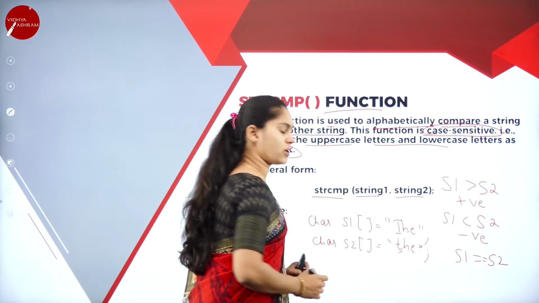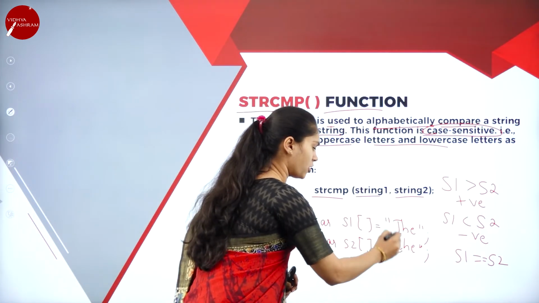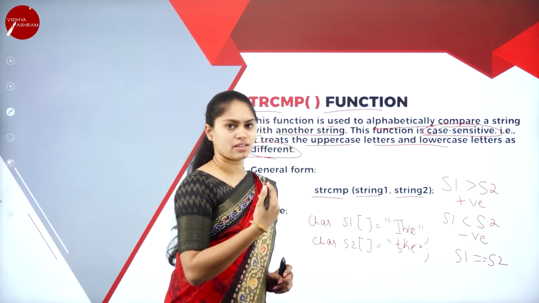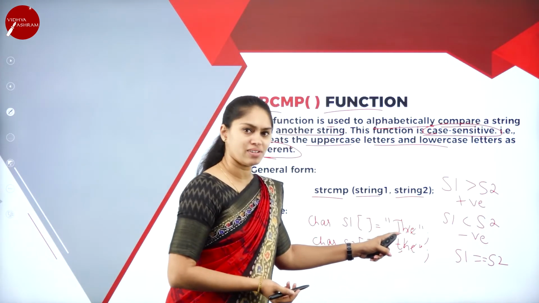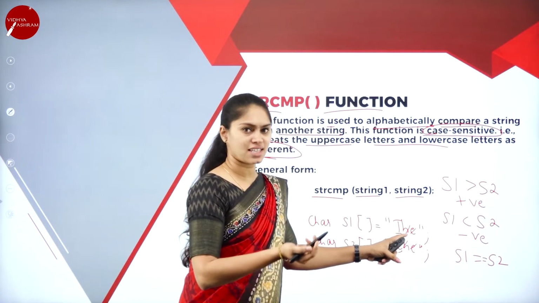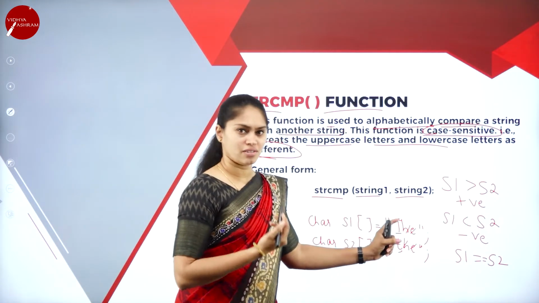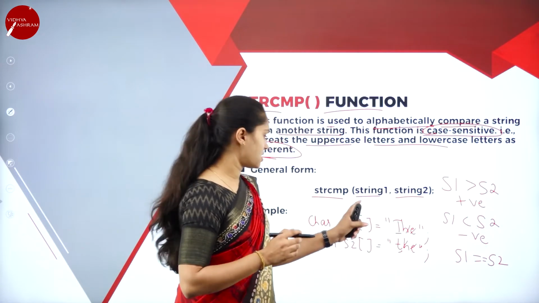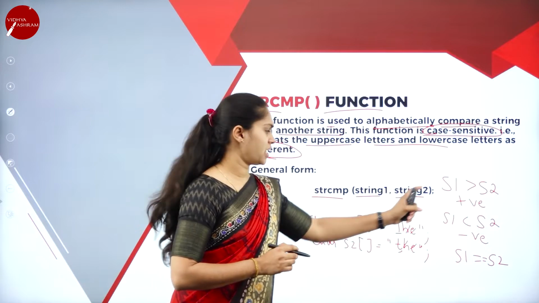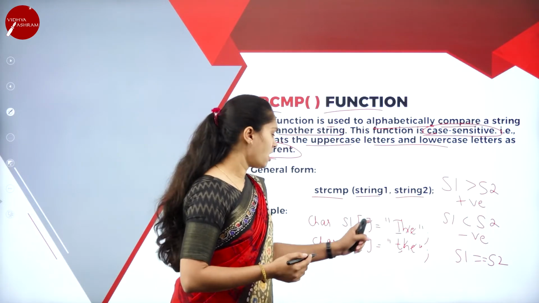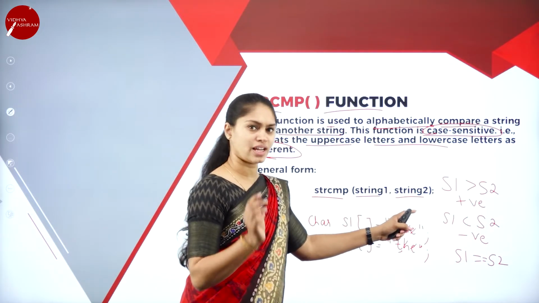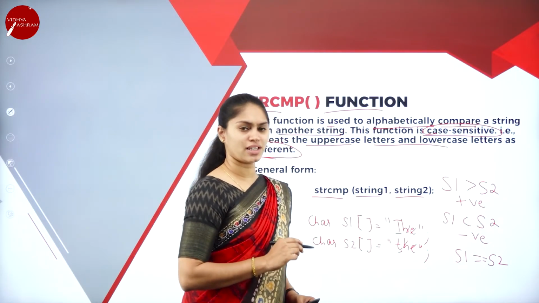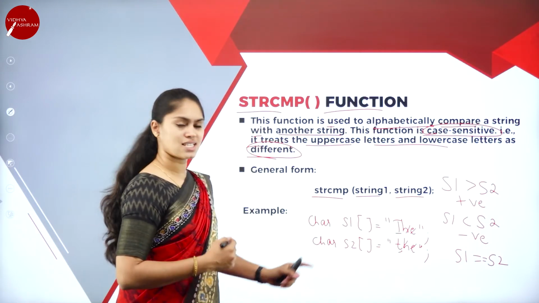So t and t will be compared, and it will give some difference, and h and e are the same, so it won't bother about that. But whatever the ASCII value of capital T and of small t, it will take a difference. If string 1 is greater than string 2, it will return a positive value. When string 1 is lesser than string 2, it will return a negative value. If both are equal, it will return that the strings are equal.